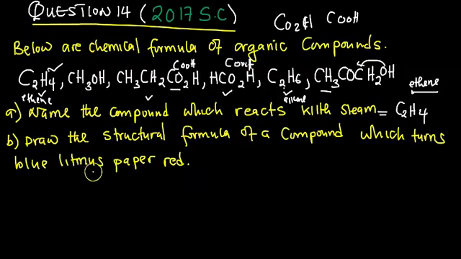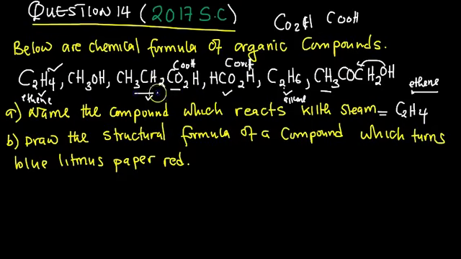Draw the structural formula of a compound which turns blue litmus paper red. What are we going to do here? We've identified more than one acid, so I'm going to draw just one, because this is an acid, this is an acid.